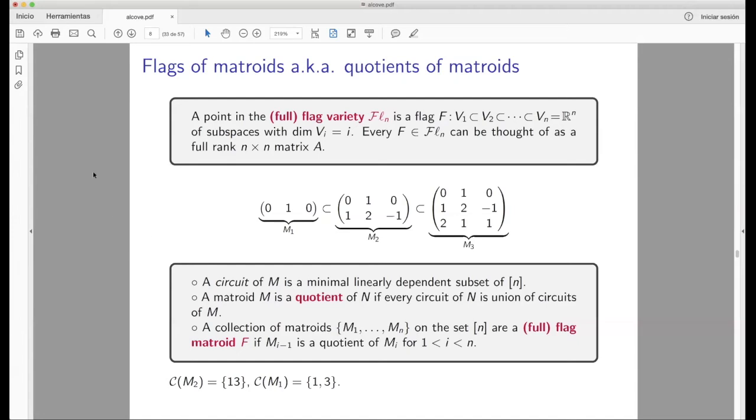So you can do this with two matroids, and in fact, you can do it for a collection of matroids. A collection of n matroids on the same ground set [n] is a full flag matroid if Mi is a quotient of Mi+1. And basically, again, this notion is well captured in points of the flag variety.